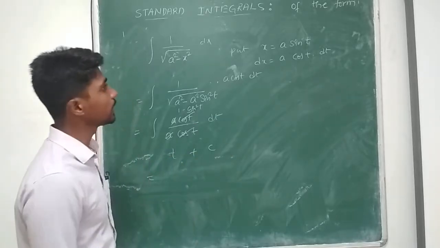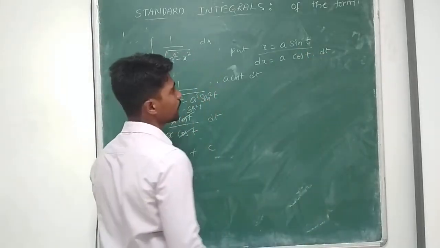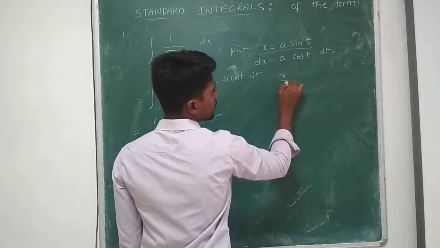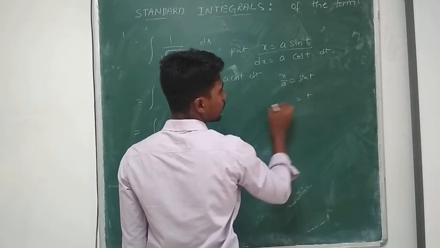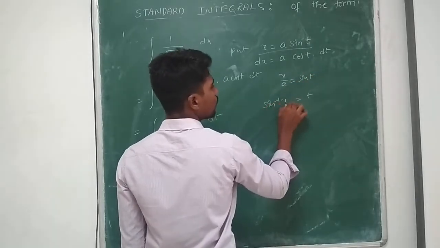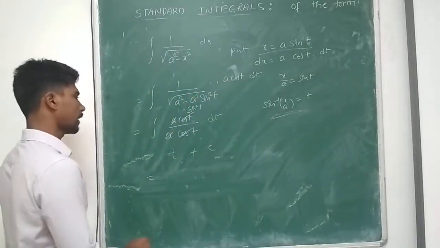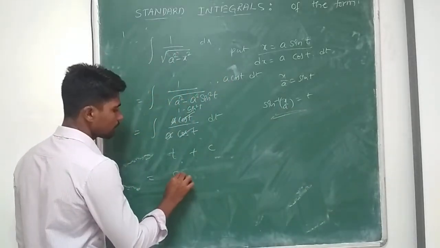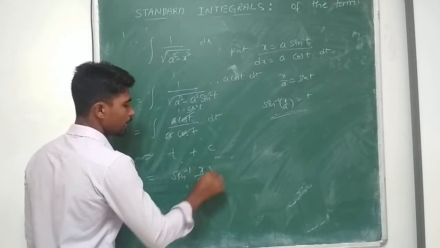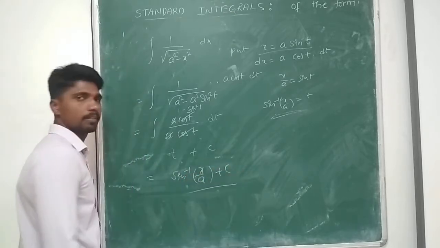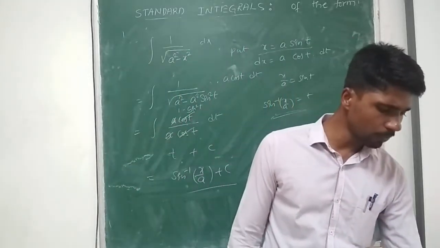What is t? I have x is equal to a sin t, then x by a will be equal to sin t, so t is equal to sin inverse of x by a. I must write the answer in terms of x, so the answer is sin inverse of x by a plus a constant c. Later we move on to the next proof.